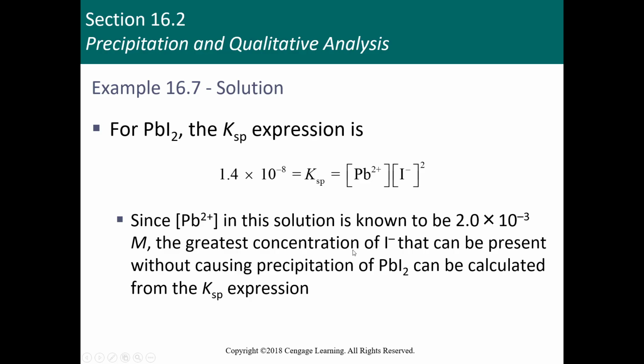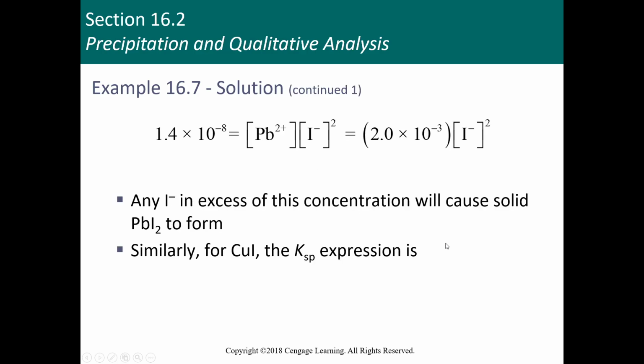The greatest concentration of I- that can be present without causing the PbI2 to precipitate can be calculated from our Ksp. You literally just plug this value in, and that's going to give us the greatest concentration of I- that would not cause precipitation.